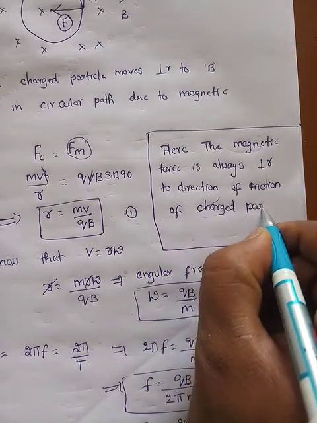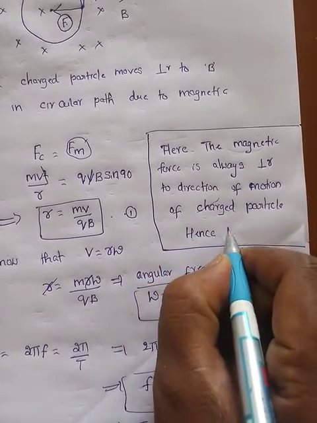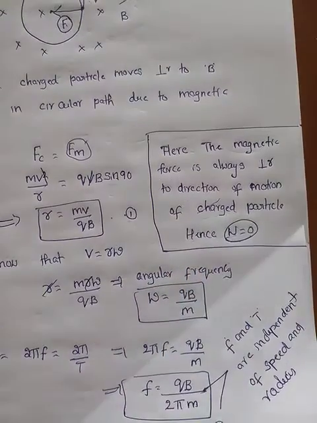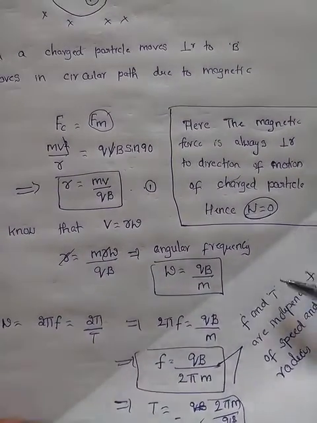Hence, what is that? Work done is equal to 0. So these points we should remember after the results of this one.